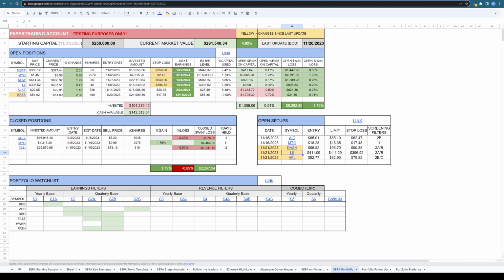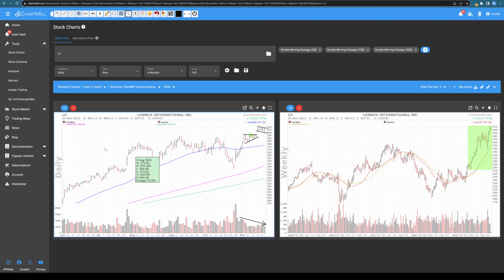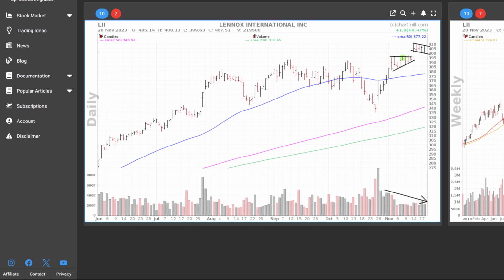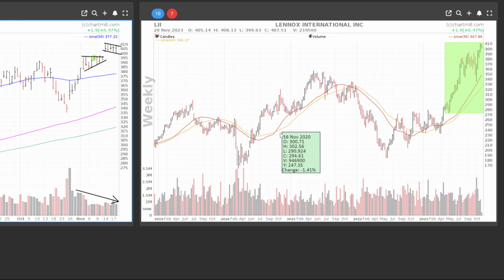So once again, let's take a look at the chart. On the left, the daily chart, on the right, the weekly chart. By the way, this is the trend template by Mark Minervini. So for the daily, the green line is the 200 daily moving average. The pink one is the 150 simple moving average. And finally, the blue one is the 50 daily moving average. And on the right, on the weekly chart, we have also plotted 2 weekly moving averages.